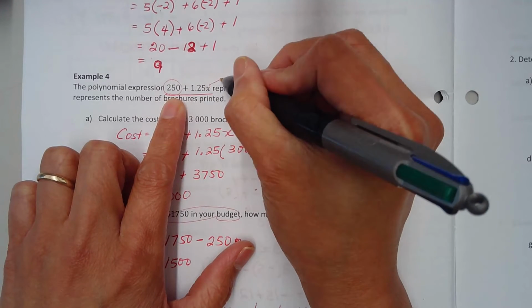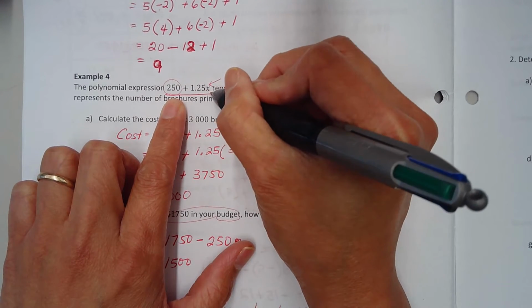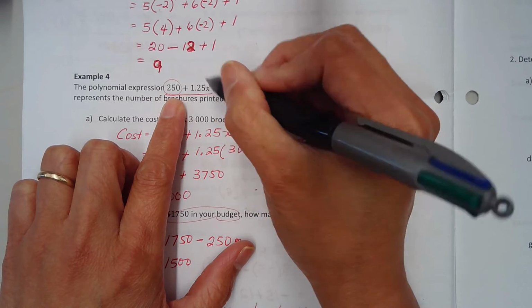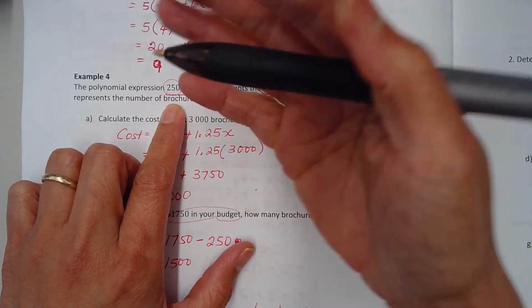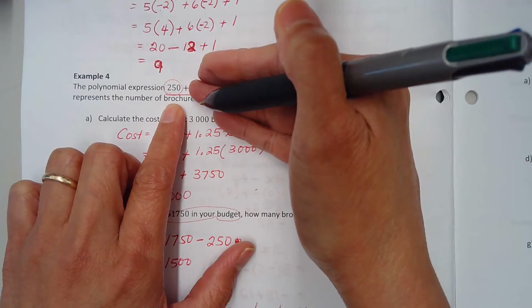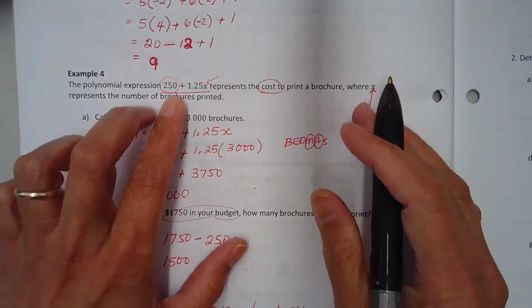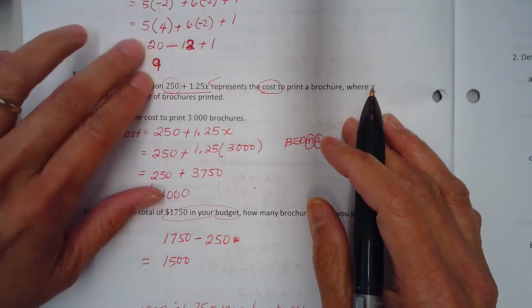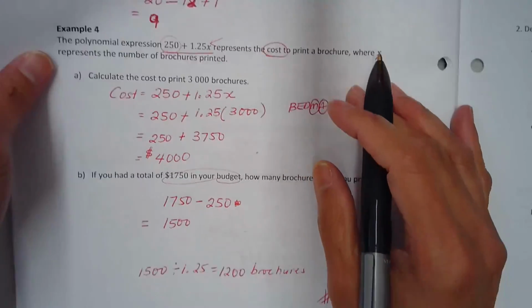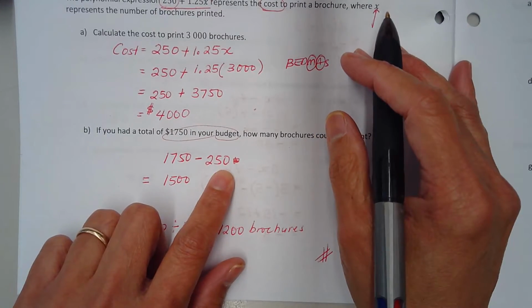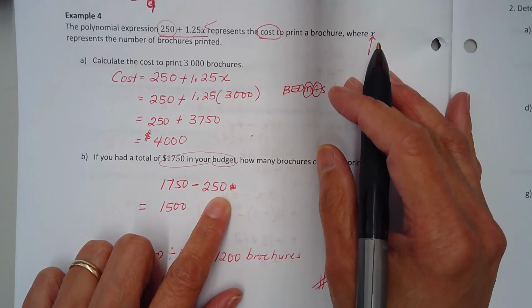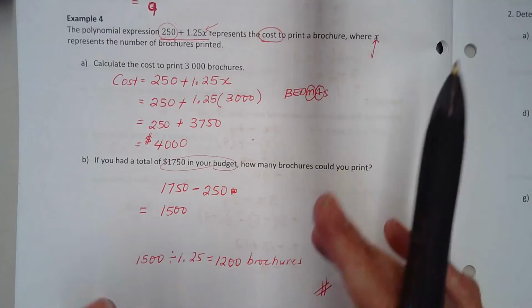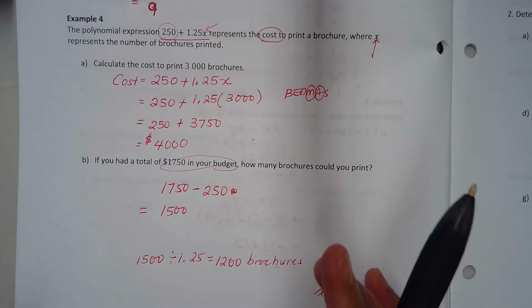This is the brochure part, right? It's $1.25 per brochure, but then there's a 250 that got added to the cost. So if we take it away, if we subtract that piece from 1750, what's left over is the cost for all of the brochures.